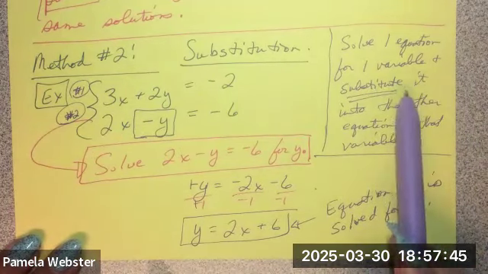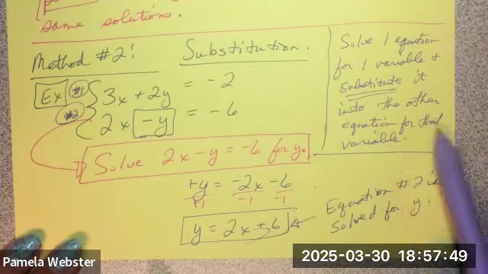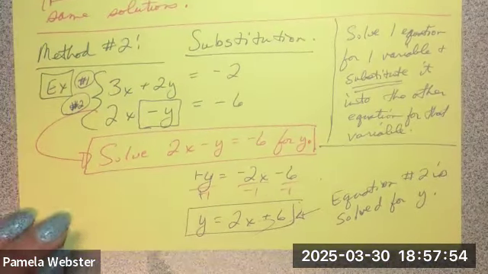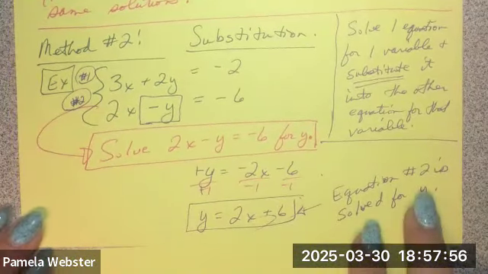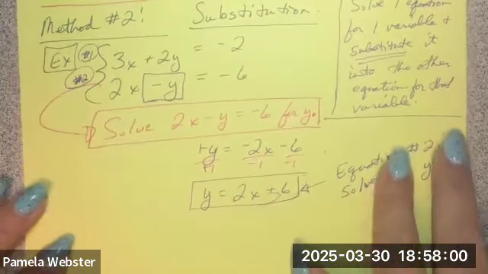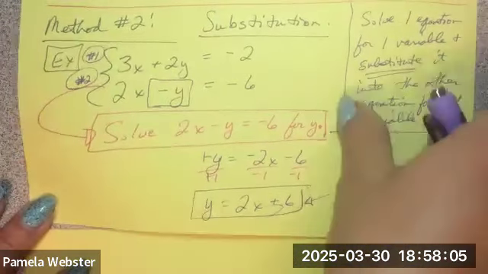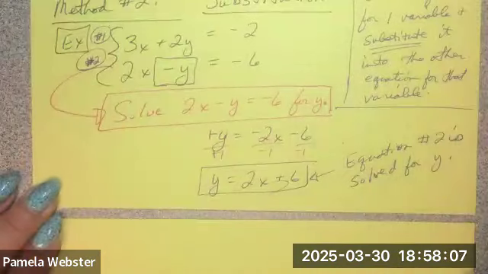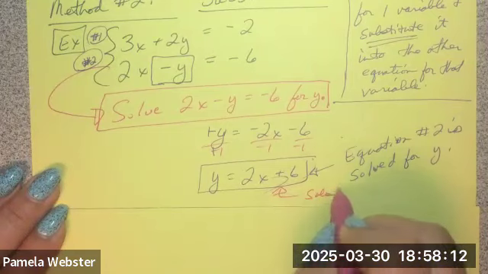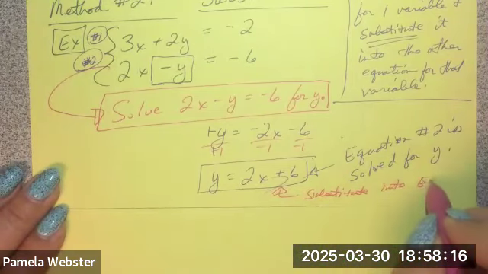It says, and substitute this into the other equation for that variable, for the y variable in this case, right? Okay. So I've got the second equation solved for y, and I want to substitute that into the first equation. So this is equation number 2 solved for y. I'm going to substitute it into equation number 1.